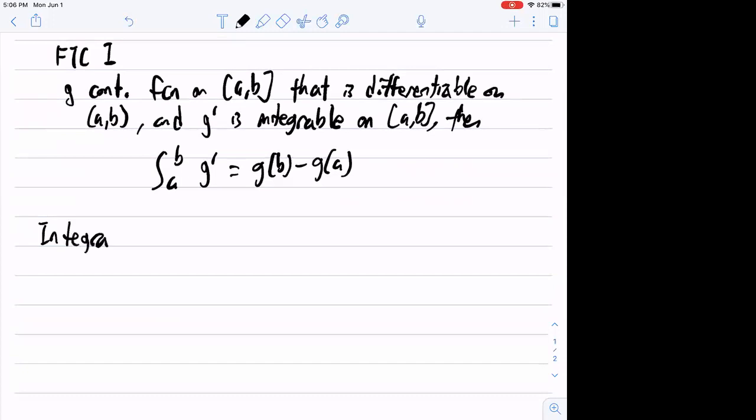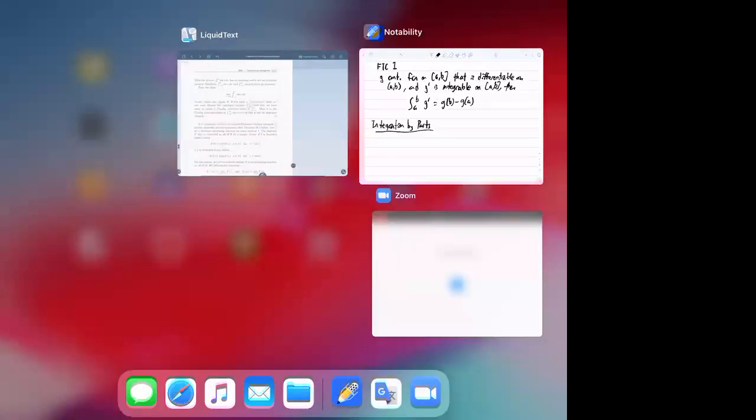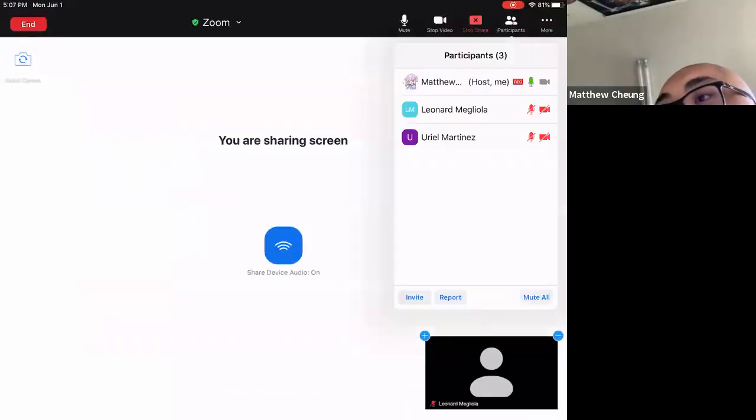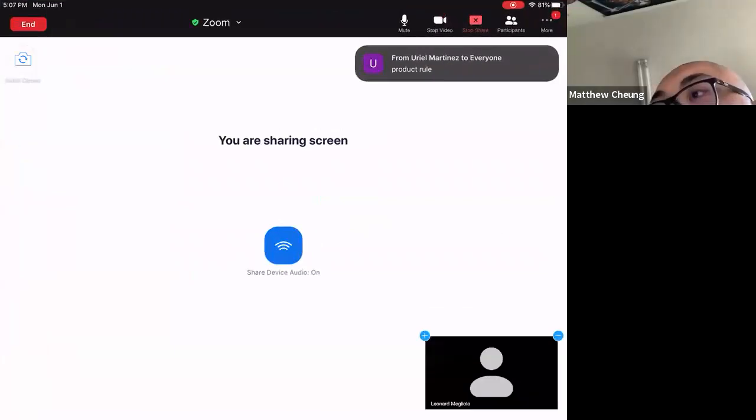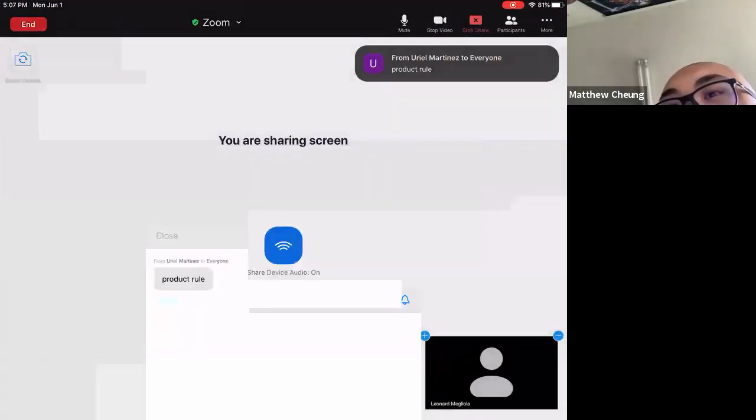So, integration by parts. Does anyone know why we do this, or how this came about? Yeah, it's the product rule.